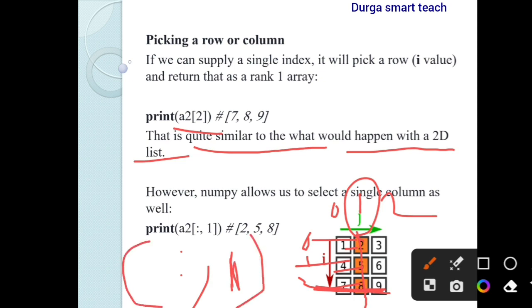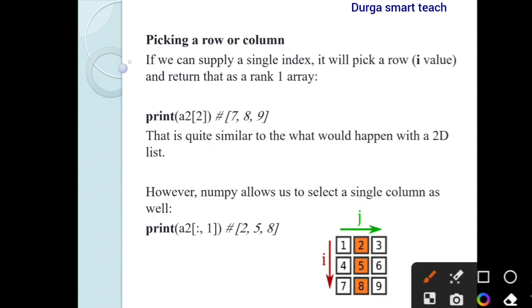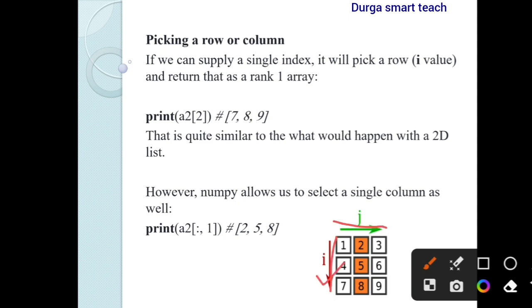So if you see, i is used to represent rows, j is used to represent columns. Here the i value is all, meaning all rows, but the j value is 1. 1 means a specific column. All rows, specific column. That is 2, 5, 8 will be accessible.